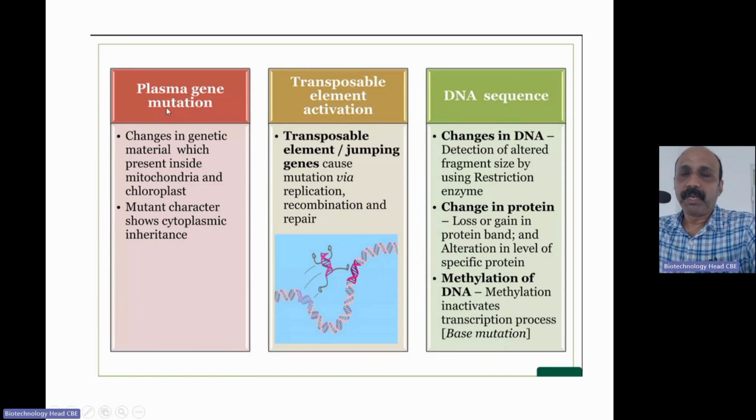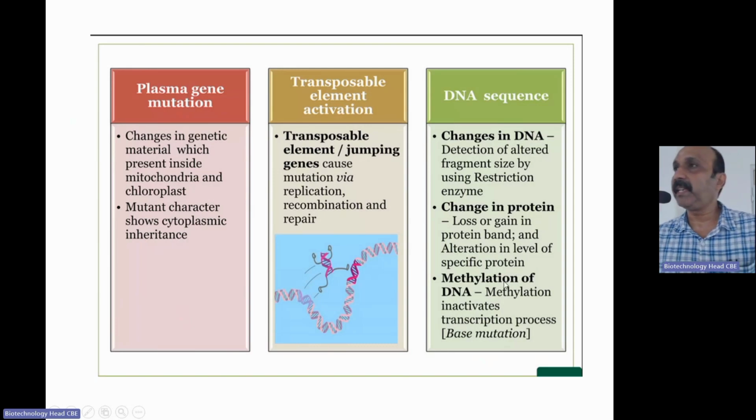Such characters will be much more useful to develop a variety. It can also be because of inversion or translocation, or because of transposable element activation, the jumping genes, which can also cause mutation via replication, recombination, or repair. This can also cause inversion or duplication, and DNA sequence changes, detected as altered fragment size using RFLPs, or a change in protein, loss or gain of a protein band, or alteration in the level of a specific protein.